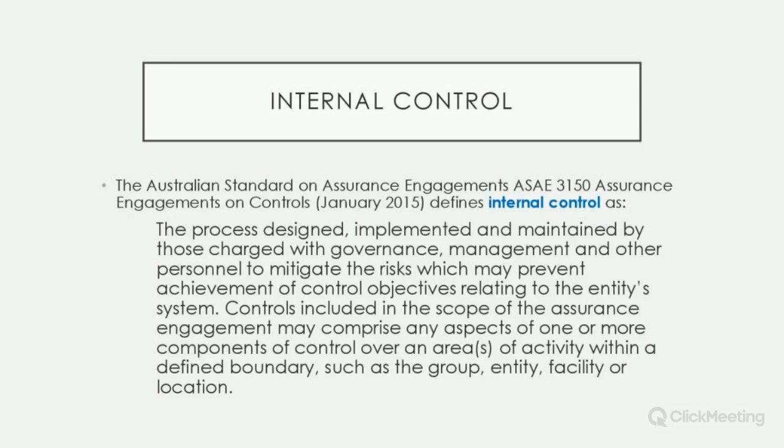It comes mainly from the perspective of the audit profession. Hence, it talks about the scope of assurance engagement. Assurance engagement means an audit engagement. Hence, this definition comes from the Australian standards for audit engagements on controls. Don't have to memorize this. It's just there explaining what it is.